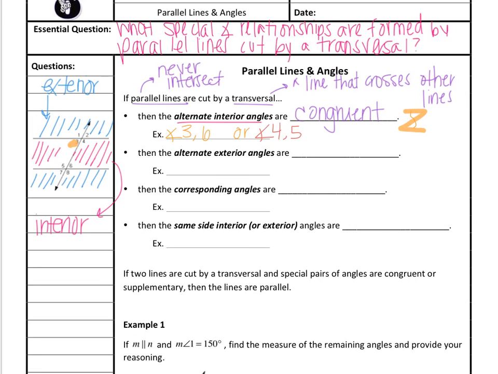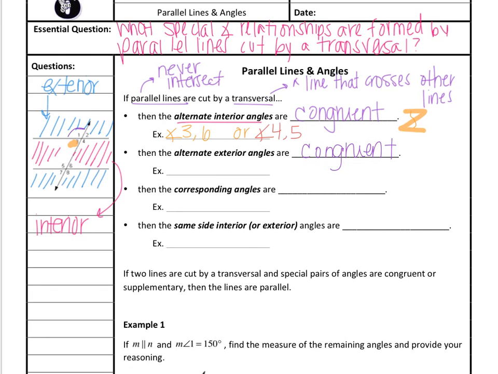Then we have these angles called alternate exterior angles. There's no letter like the Z that these form. We just have to think about the phrasing here. Alternate exterior angles. And these are also congruent to one another. And I'll give you a trick for figuring out congruent angles in just a minute. Alternate exterior, that means starting on the outside.